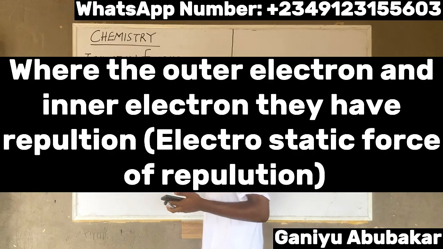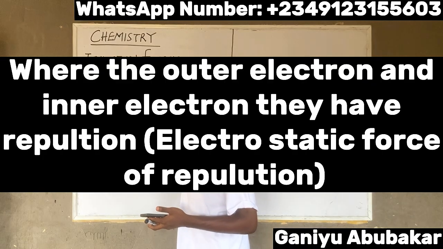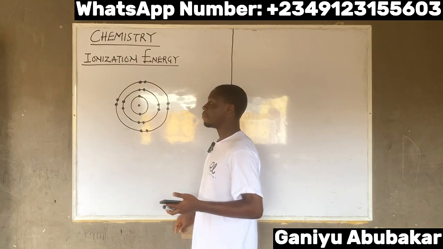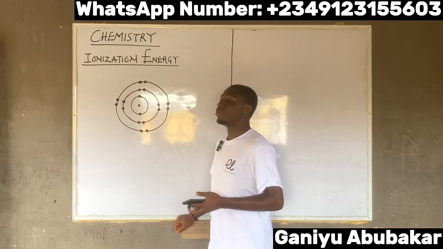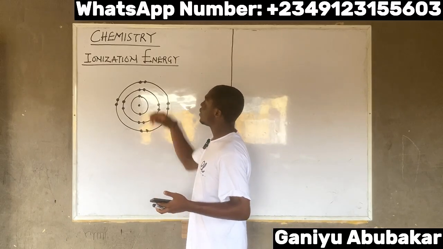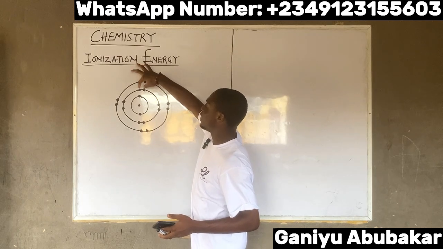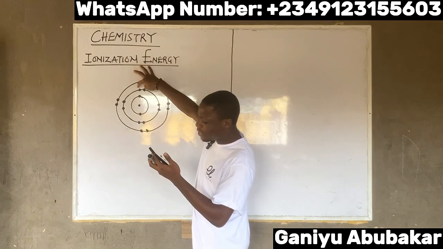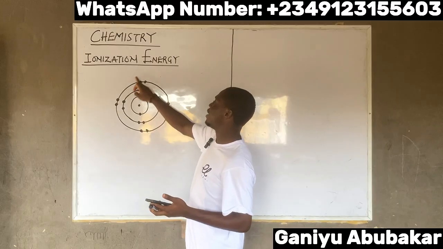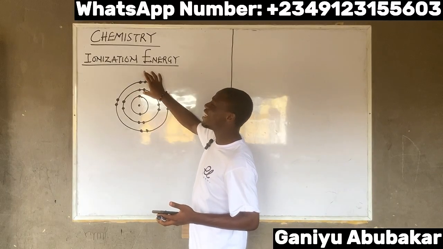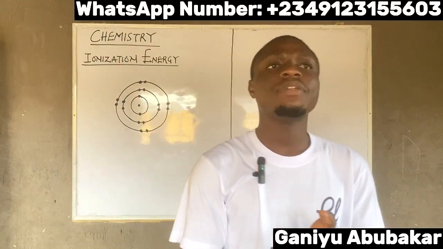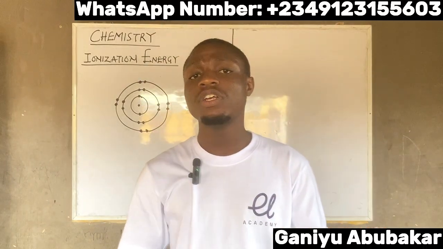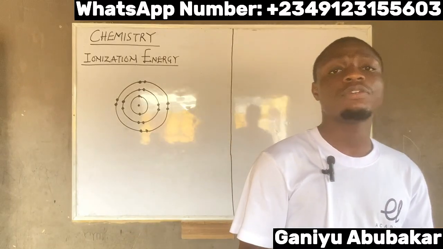So the second force that acts in an atom is called the screening effect, and it could be observed between the outer electron and the inner electron. Observe that these outer and inner electrons can never stick together because they are negative charges, so they cannot attract themselves, right?